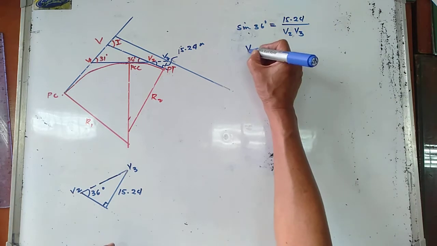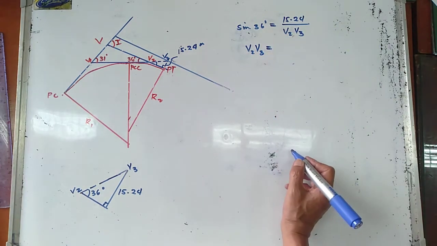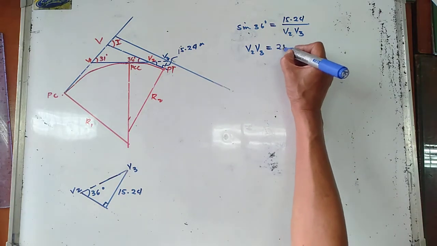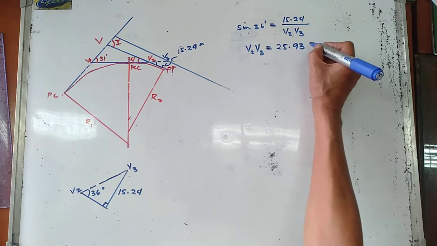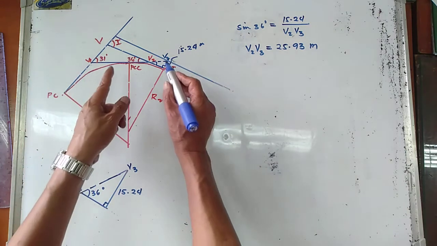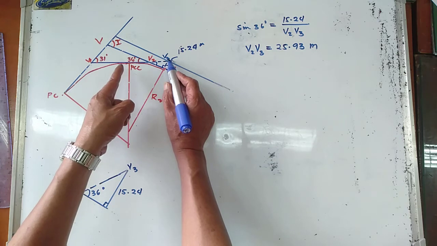So, we now have your V2, V3 is now equal to 25.93 meters. So, let us try to determine now the tangent distance of the new curve.